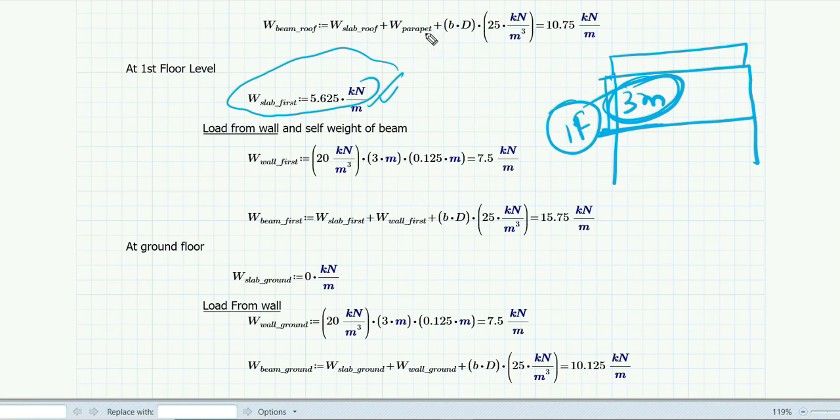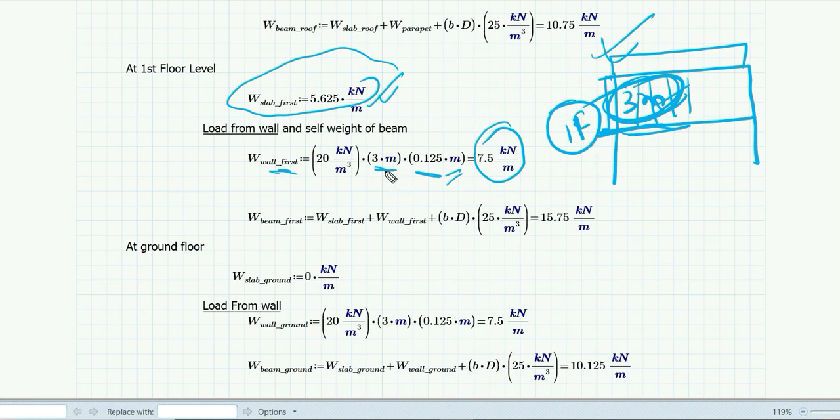So initially it was 1 meter because we had only the parapet wall, but here we have a wall of 3 meter height. So the load due to wall will be 20 kilonewton per meter cube into 3 meter height into 0.125 meter of thickness. So it becomes 7.5 kilonewton per meter. So this load of the wall is also going to come on the beam.